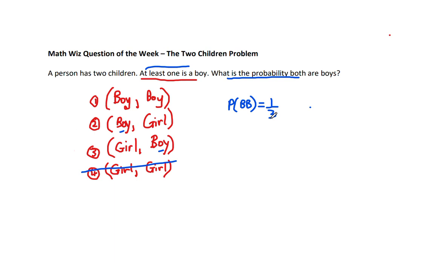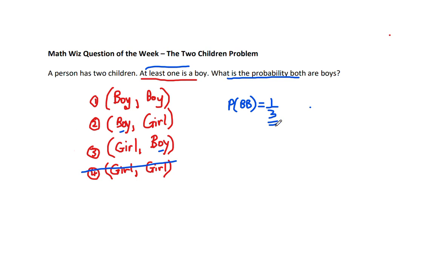So the answer is 1/3. I hope you got it right. So the probability that a person who has two children, where at least one of the children is a boy, the probability that both children are boys is 1/3, or 33.1/3%.